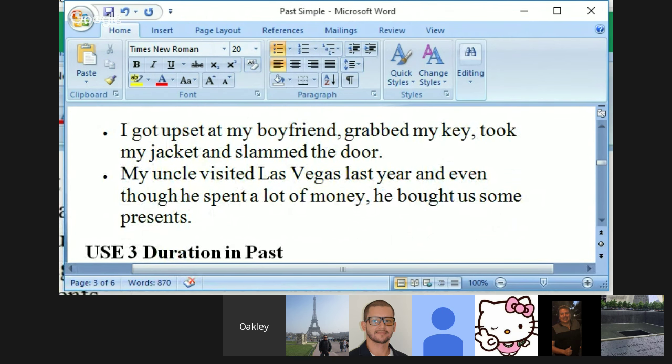Be careful about adding a vowel sound in front of spent. You kept saying spent, and I thought you were saying is paid or something like that. It wasn't coming across. Be careful about adding an extra vowel sound in front of S's. And even though he spent a lot of money, he bought us some presents.